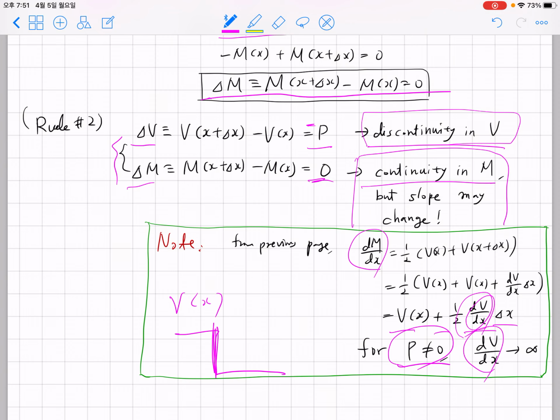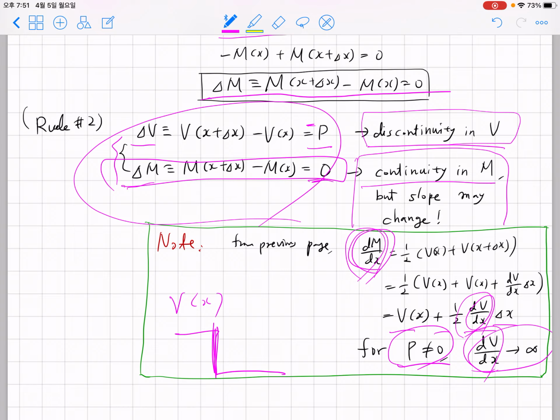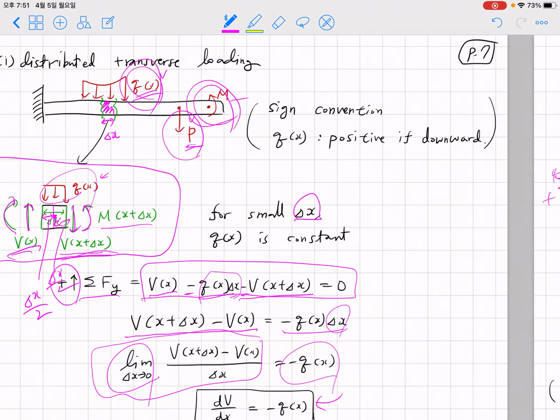Okay, because you can possibly have infinite slope, even though M itself, the magnitude of M, would not have discontinuity, dM/dx, because of this infinity, can have discontinuity. So this is the result you can expect regarding this point force case.